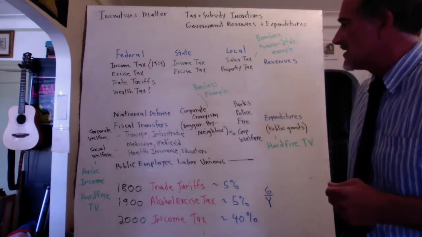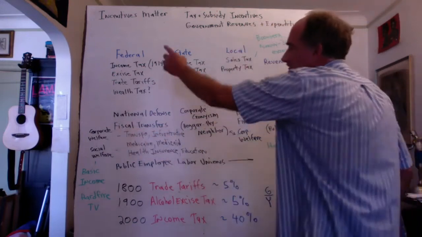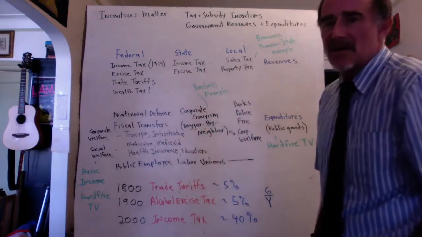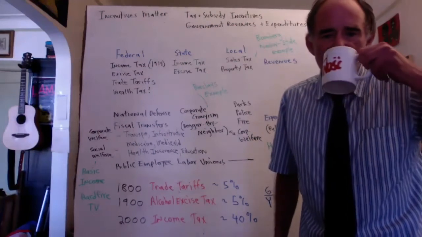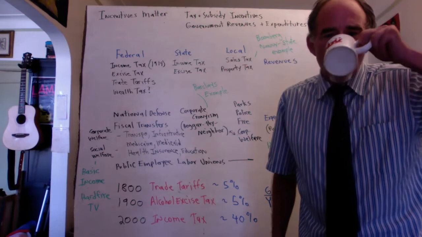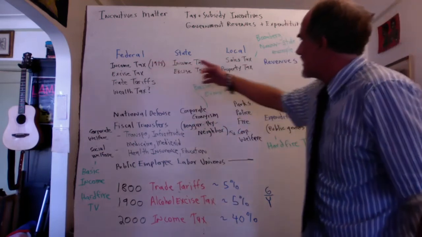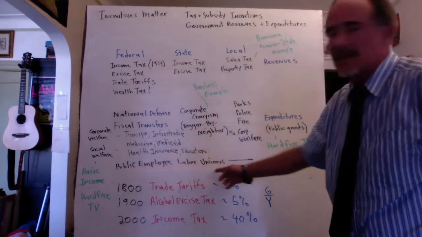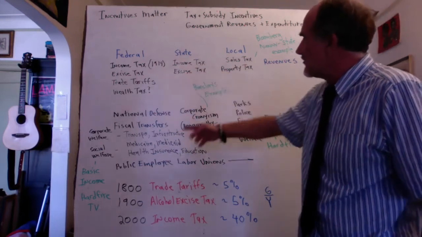Specifically, the corporate welfare federal spending is for transportation infrastructure: the highway systems, bridges, things like that, tunnels. And in all categories, federal, state, and local, are public employee labor unions and bureaucrats.